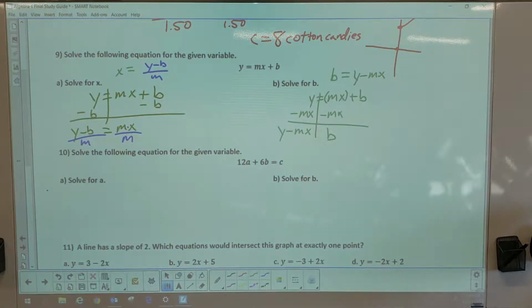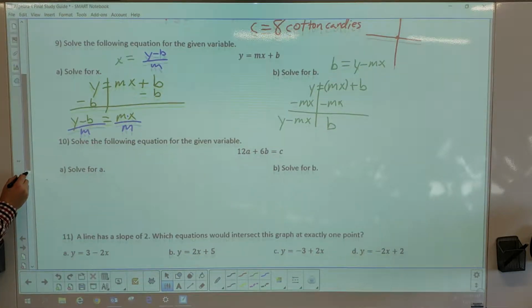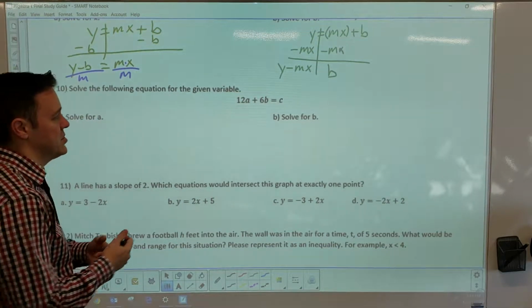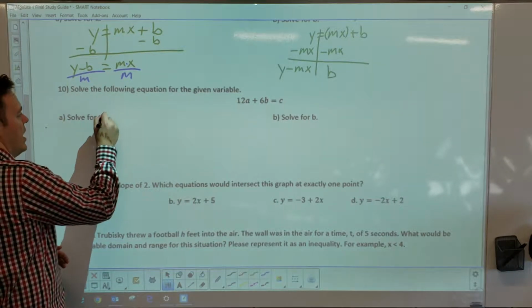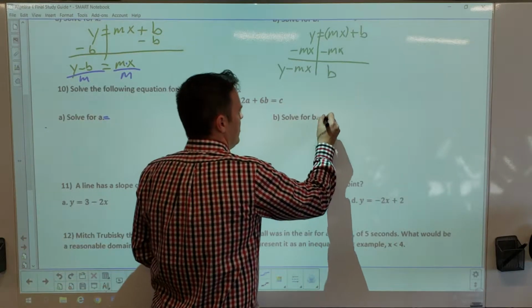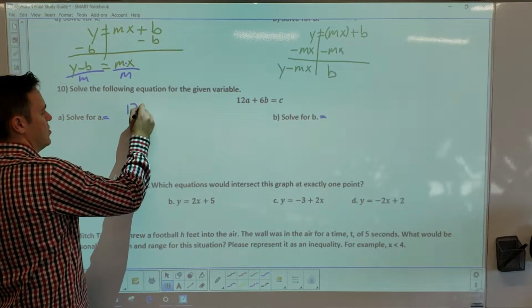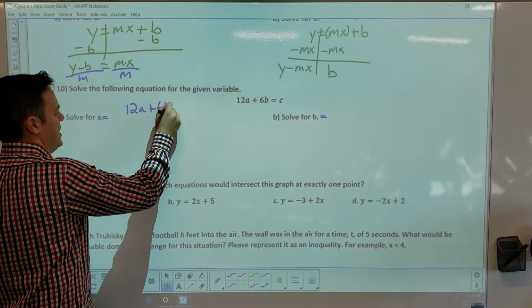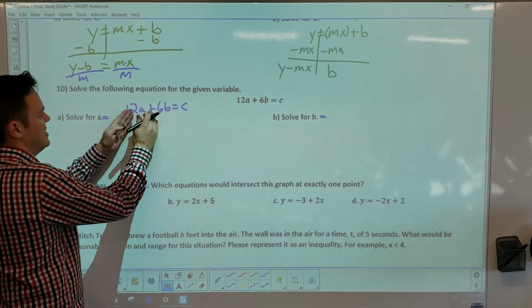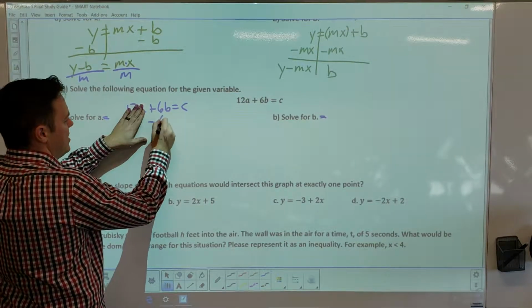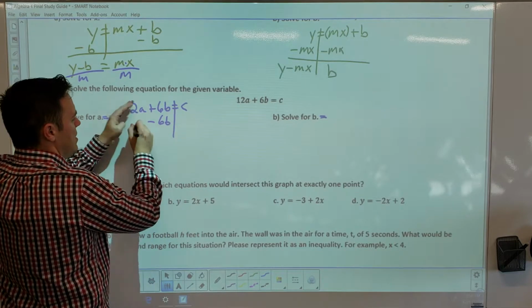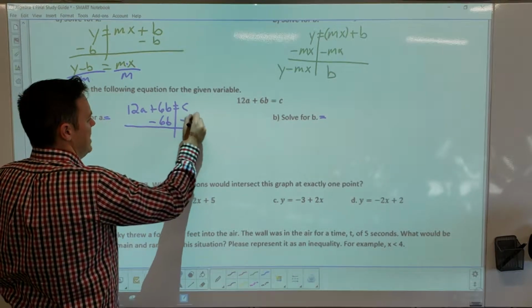All right, if you have any questions about that, come see me in class. But that's kind of the same setup. So this is the same way. We're going for a equals, and then we're going to go for b equals. Okay? So start with a. 12a plus 6b equals c. So we're not going to touch the a. So the first step then, subtract both sides by 6b.